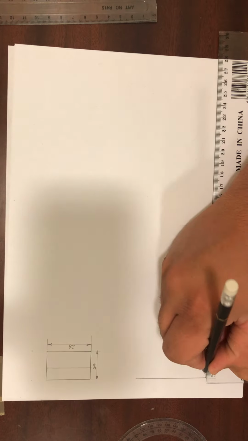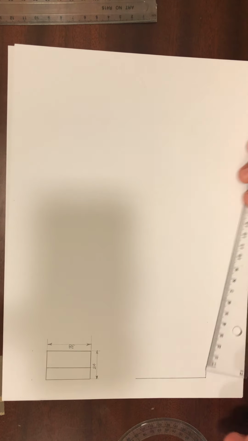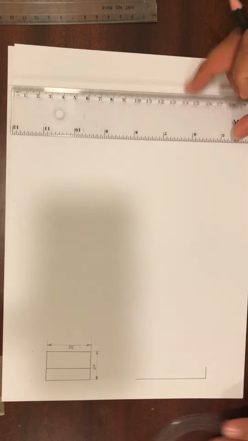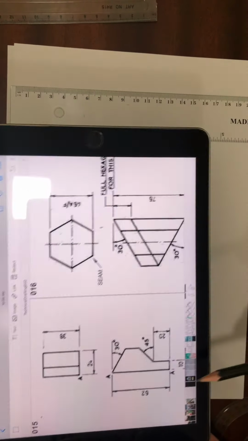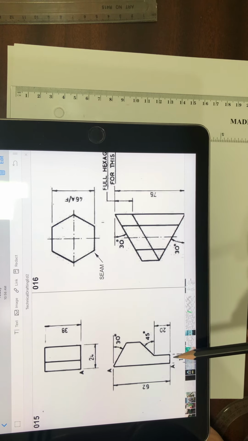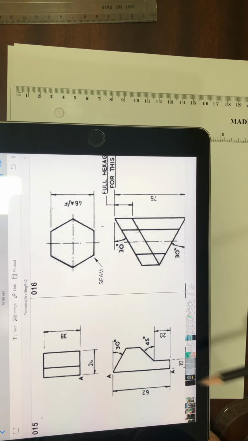So this is 10. This is 10 finished now. Now upside how much? 20.